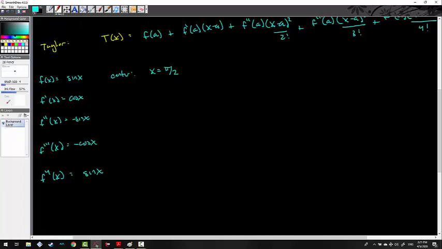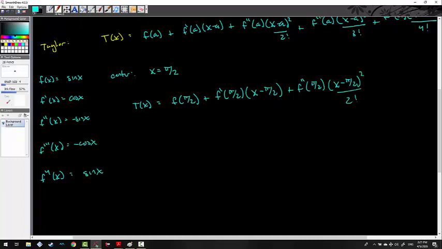And so how does this look? Well, if I'm going to center him at x equals pi over 2, now I've got to do a little bit more thinking, especially because of the sines and the cosines becoming 0 or 1 depending on where I'm at. I'll go ahead and say T of x, T for Taylor polynomial, f of pi over 2, plus f prime of pi over 2, and that's going to become x minus pi over 2, plus f double prime of pi over 2, and x minus pi over 2 squared over 2 factorial, plus f triple prime of pi over 2.